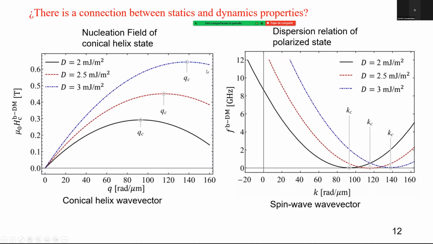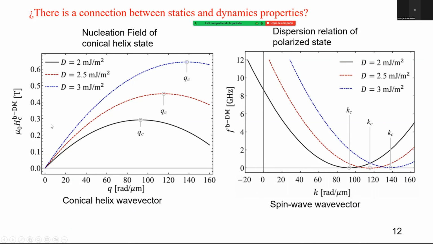And now, the idea of the research was whether we have a connection between the nucleation field of the conical helix state, which comes from the static properties of the system, and the instability of the polarized state shown by the spin wave theory. So at the left, we have the nucleation fields calculated for different DMI intensities.